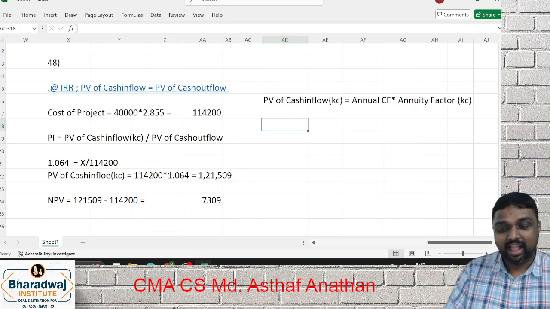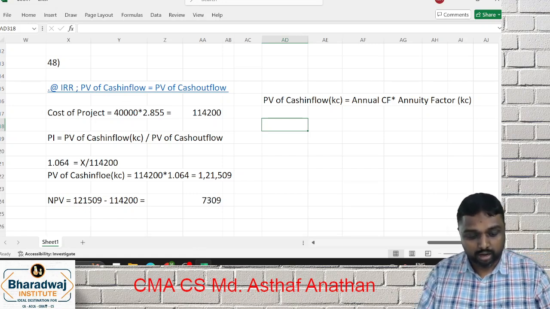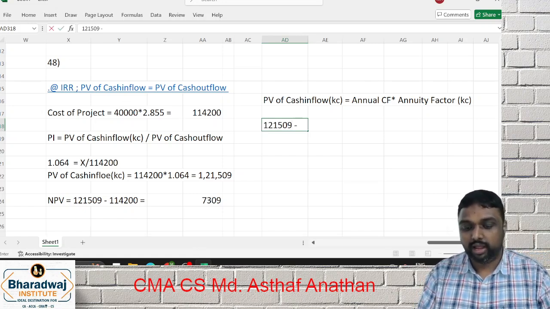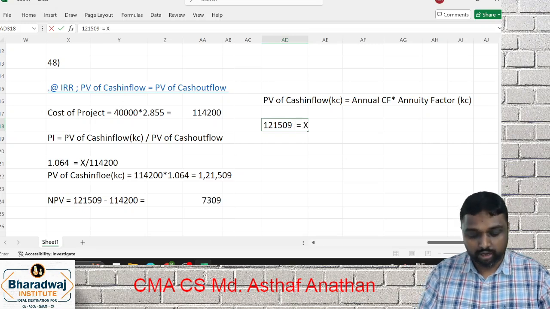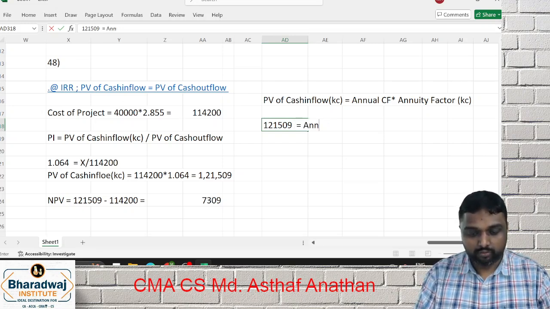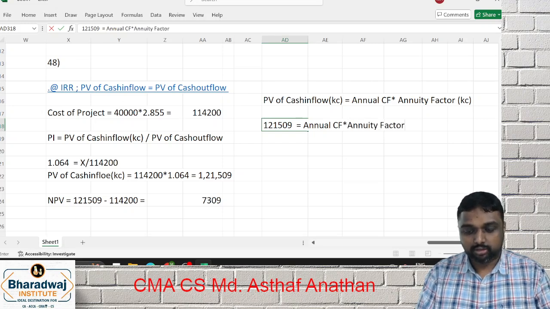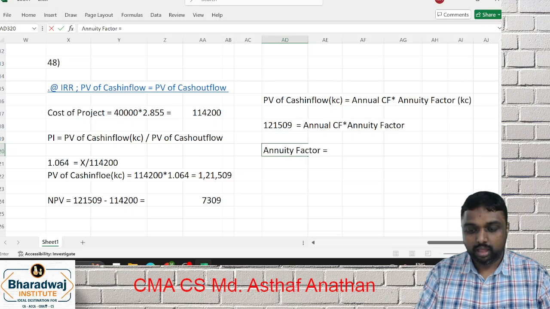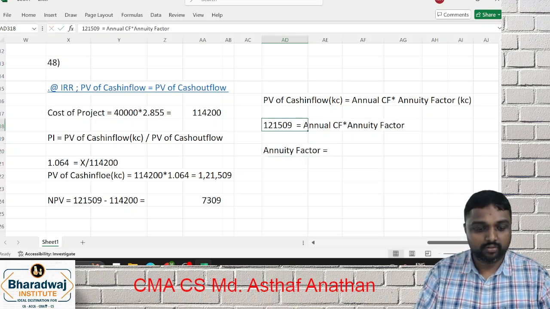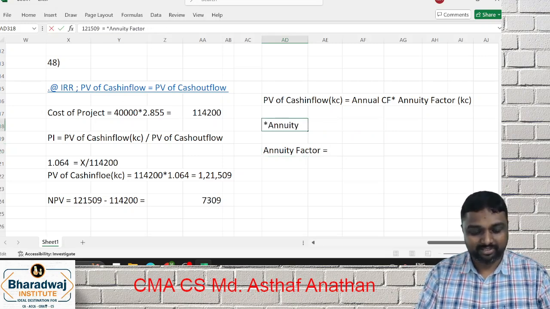Now the reverse way. Your present value of cash inflow is 1,21,509. Your annual cash flow we don't know, into annuity factor. Annual cash flow is given in the question, 40,000.